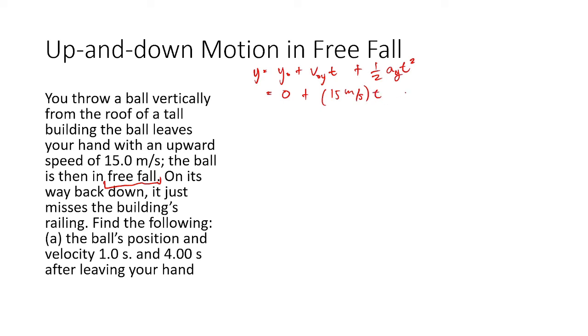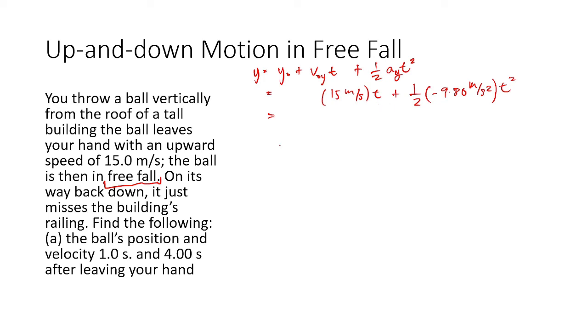Also, we have there our acceleration due to gravity. So we'll have there 1/2 times negative 9.8 or 9.80 meters per second square times our time, which is t squared. So that will be our formula. Tanggalin lang natin yung zero and we have this formula.